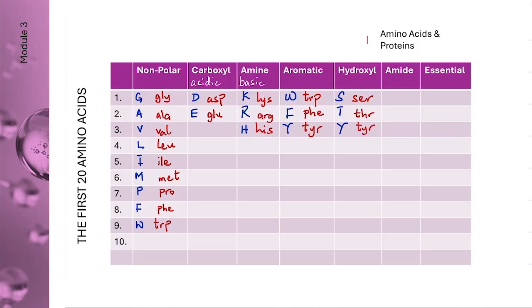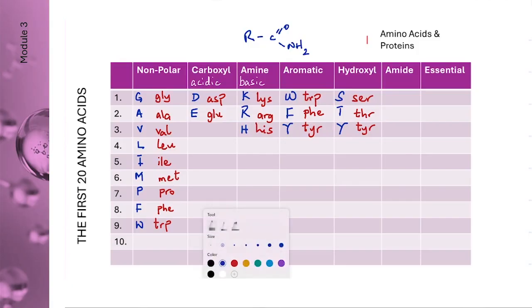Next, we have the amides, the amino acids with the amide group. Do you all remember the amide group in organic chemistry? The CONH2 group. The amide group, the R group, is CONH2. What are the amino acids that fall into that category? The first one is asparagine.